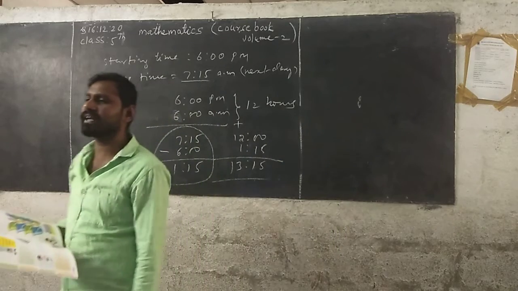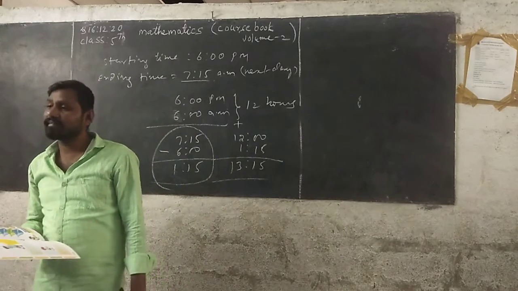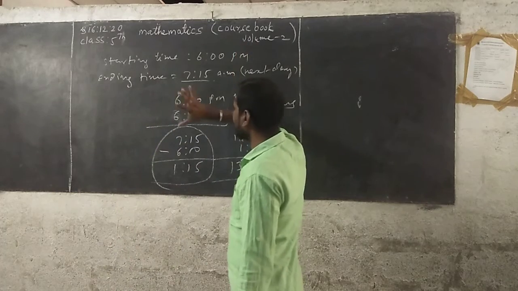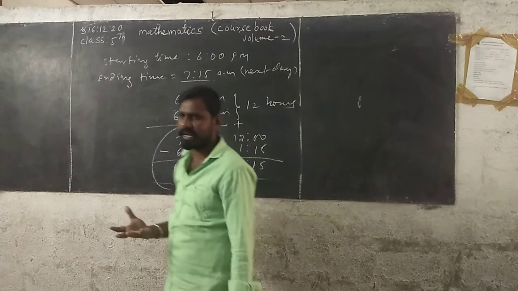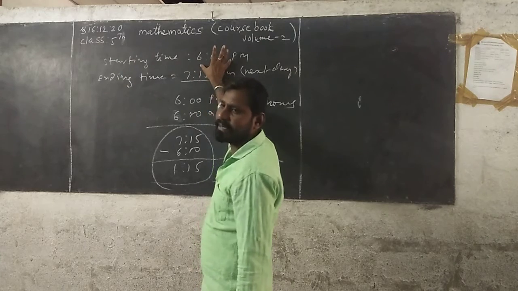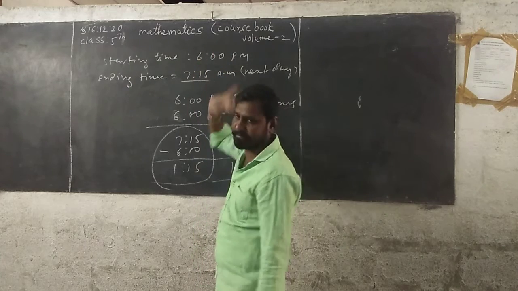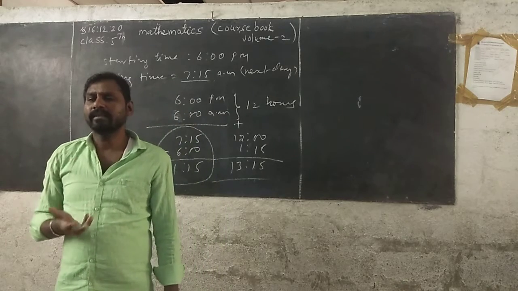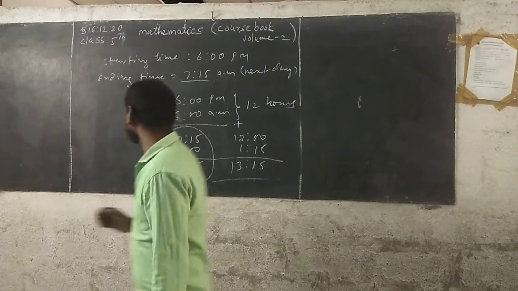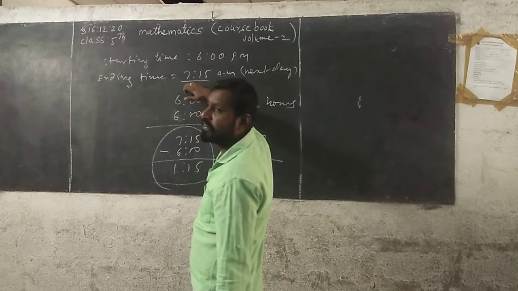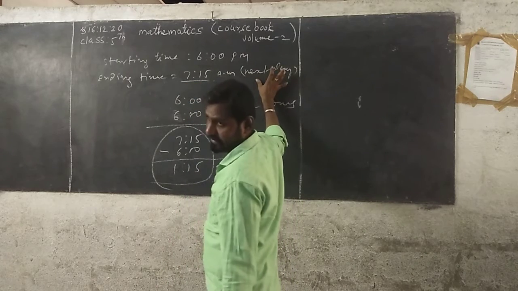What is the time duration of the train? 13 hours 15 minutes. See here, for the starting time, for example, today the train started at 6 o'clock PM, meaning evening 6 o'clock the train departed. The train reaches at 7:15 AM next day.